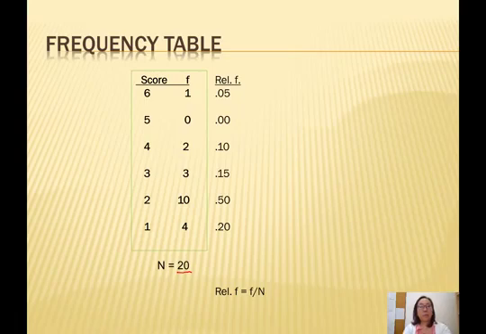Right? 10 out of 20. And that's what relative frequency is. In terms of calculation then, relative frequency would be frequency relative to N, or frequency divided by N.